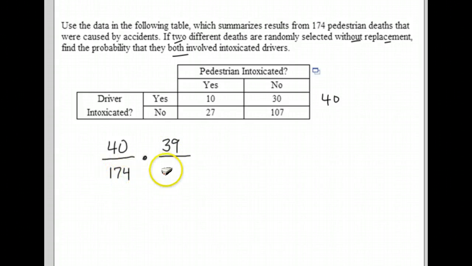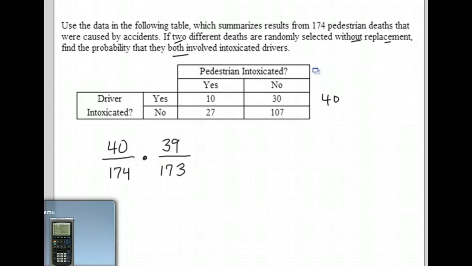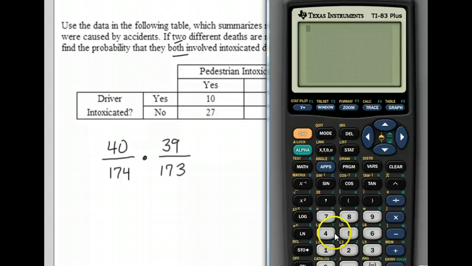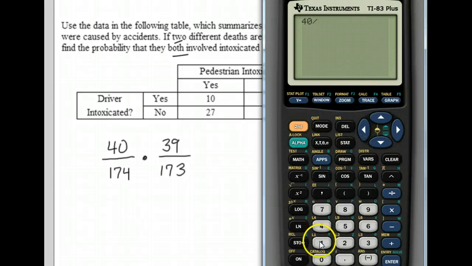And then 174 was the total, but since we took one out, there's only 173 left. So that's our probability, and then we can multiply to get an approximation. So 40 divided by 174 times 39 divided by 173, so approximately 0.052.